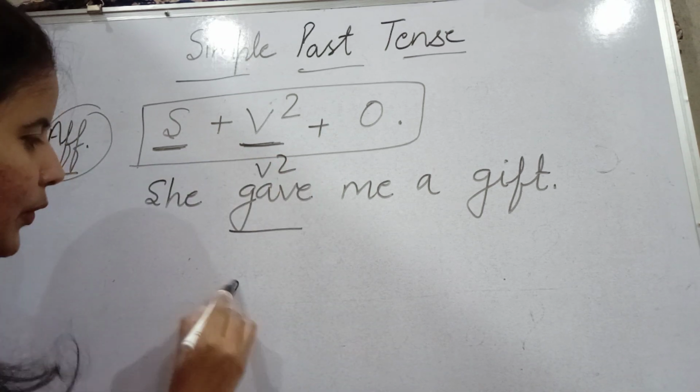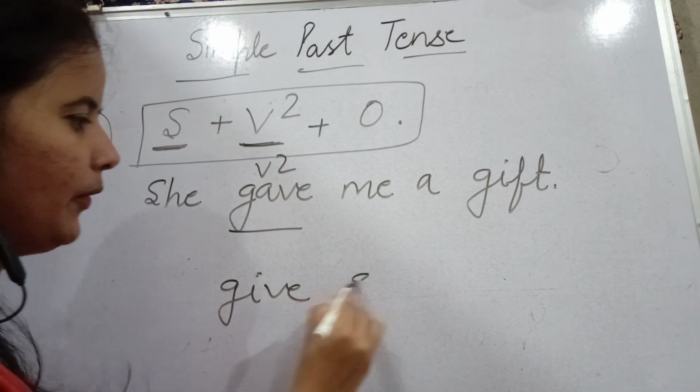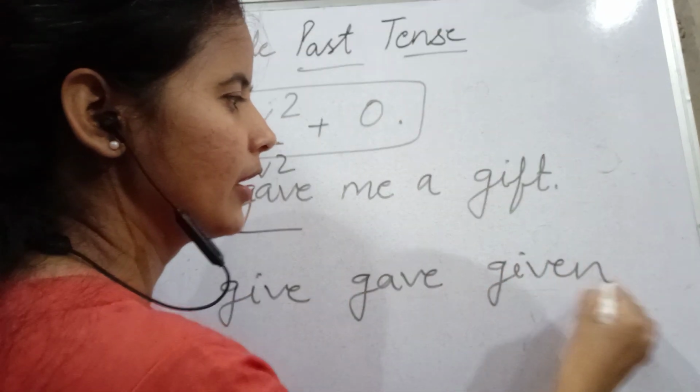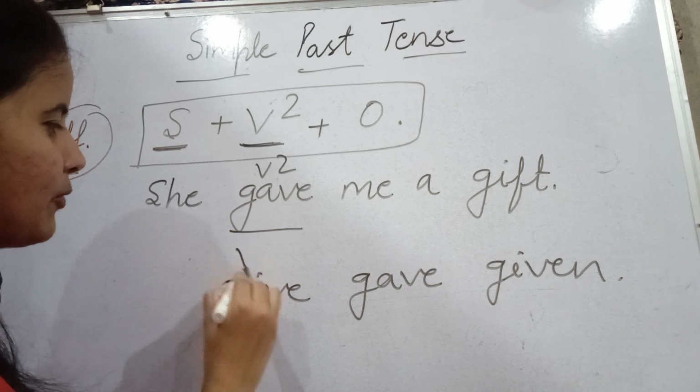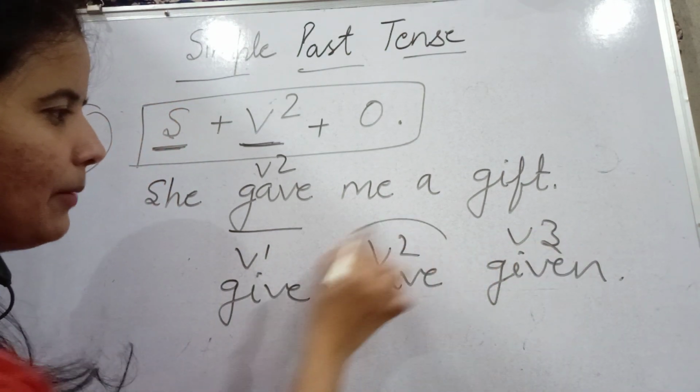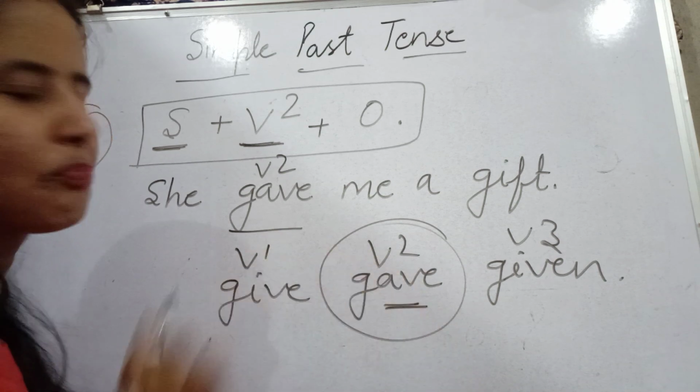Give, gave, and given. So this is V1, this is V2, and this one is V3. In simple past tense we have to use V2.